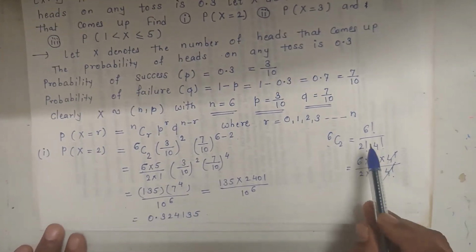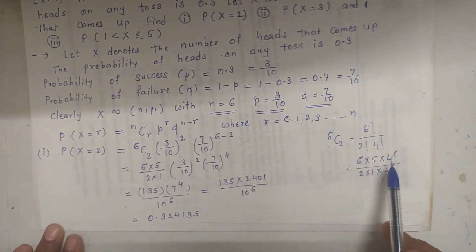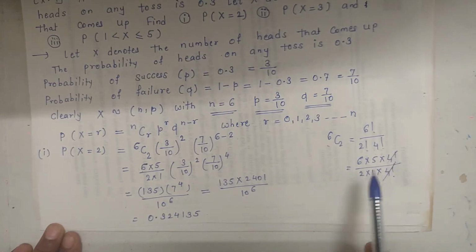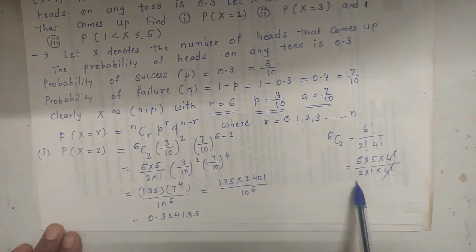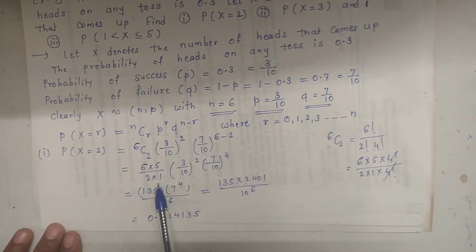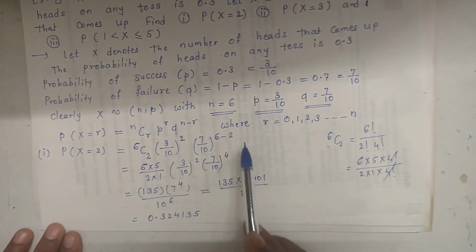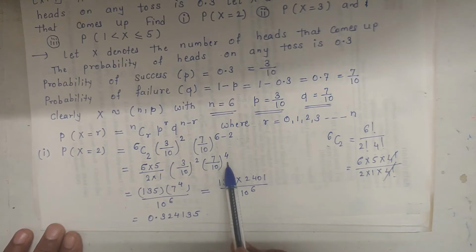Then 6 factorial can be written in terms of 4 factorial, 4 factorial will be cancelled, and we get 6 into 5 upon 2 into 1, into 3 by 10 raised to 2, into 7 by 10 raised to 4.